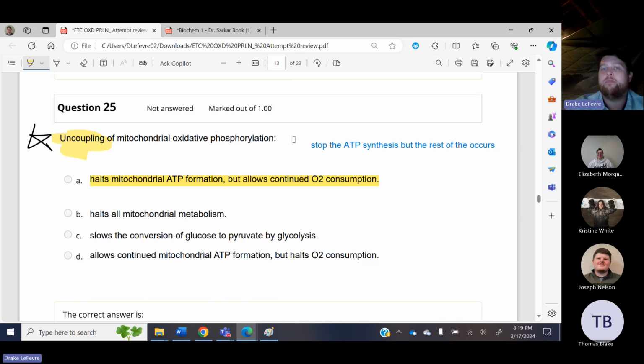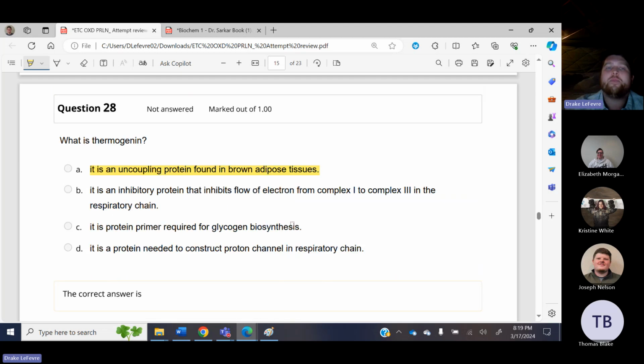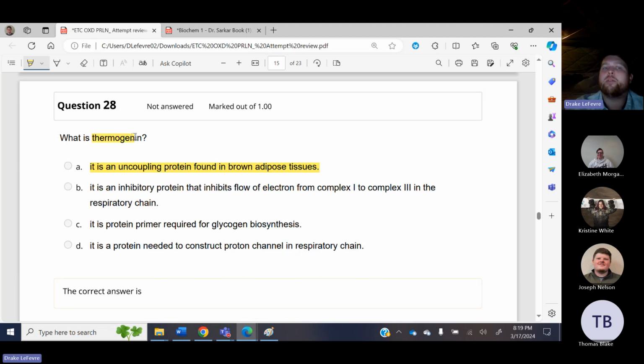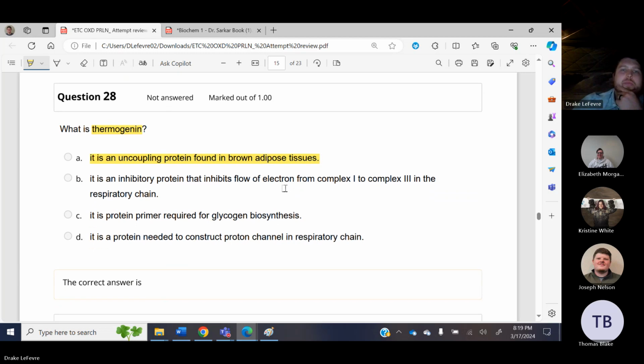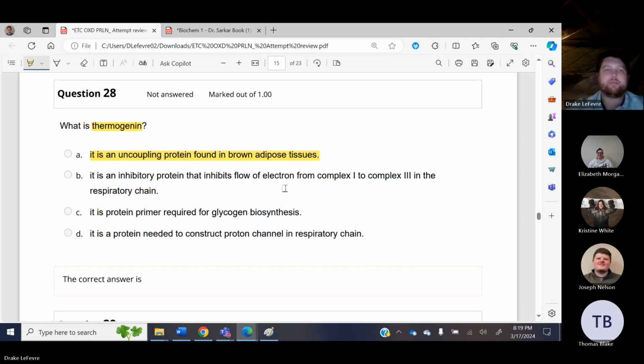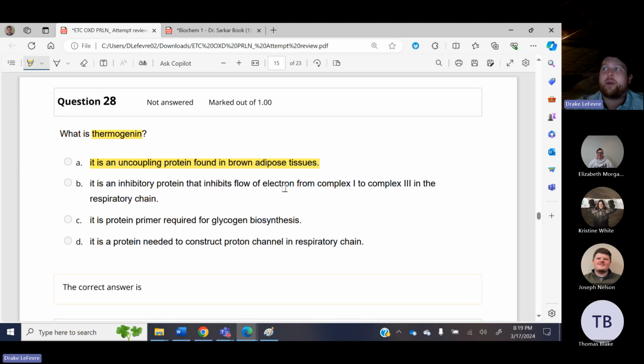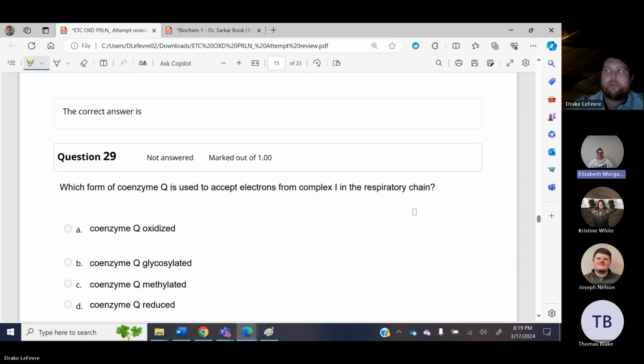This exact answer choice, where it inhibits mitochondrial ATP formation but allows continued O2 consumption, would fit perfectly with any question asking about thermogenin. Any questions about that? I know we kind of jumped around a little bit there. All good here.